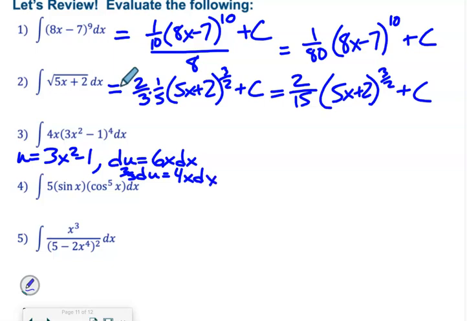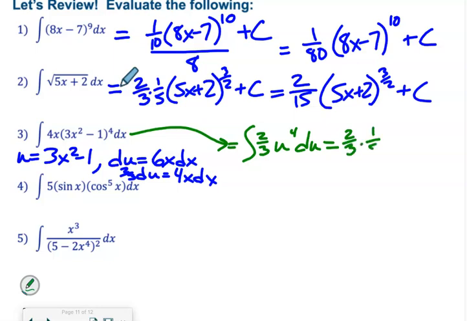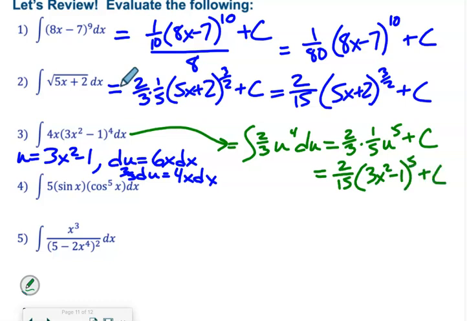So this guy equals the integral of u to the 4th times 2/3 du. So you end up with 2/3 times 1/5 u to the 5th plus c, which equals 2/15 times 3x squared minus 1 to the 5th plus c. All right, next one.